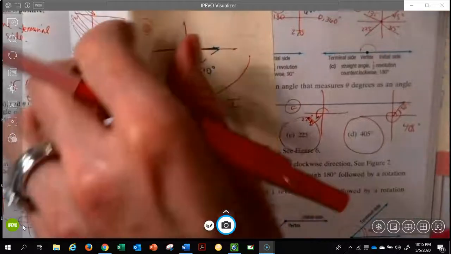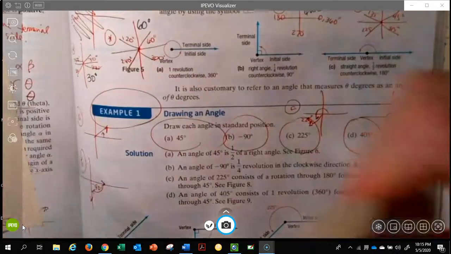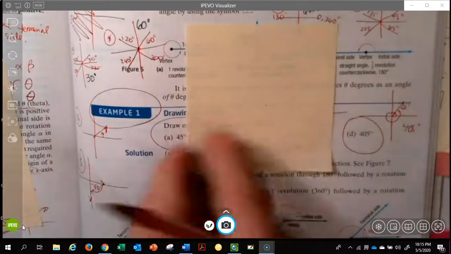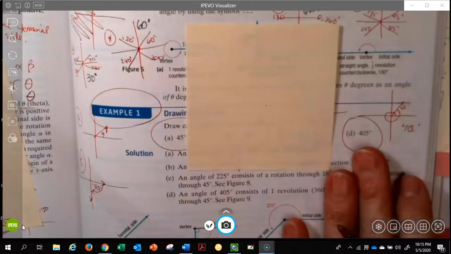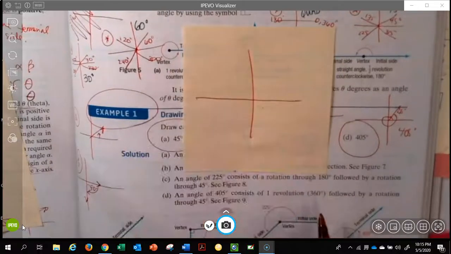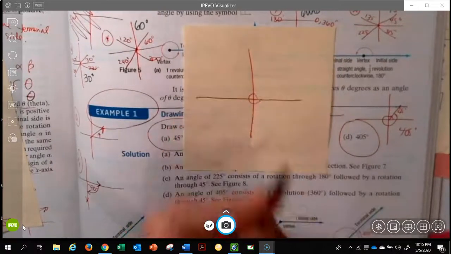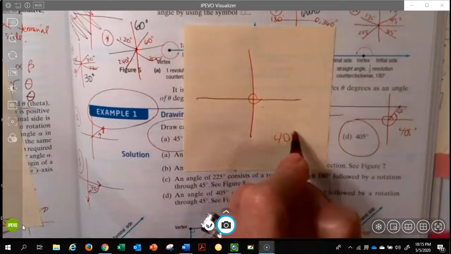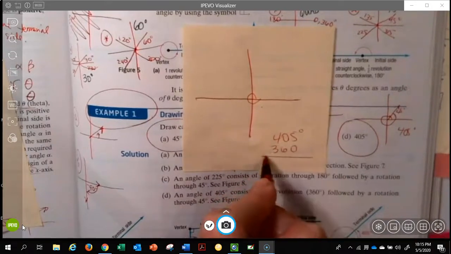So then this very last one says, by the way, let's go crazy and look at 405 degrees. And your brain's got to immediately think, wait, I'm only able to go 0 to 360. One loop around the sun here gets us 0 to 360. So you've got to figure out what makes sense to you, what you like doing.